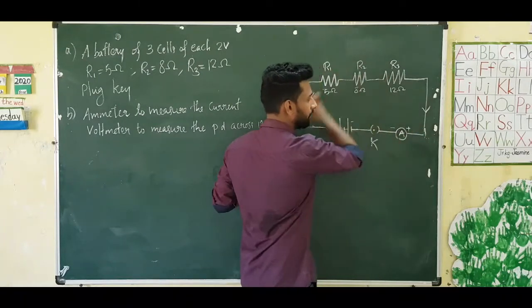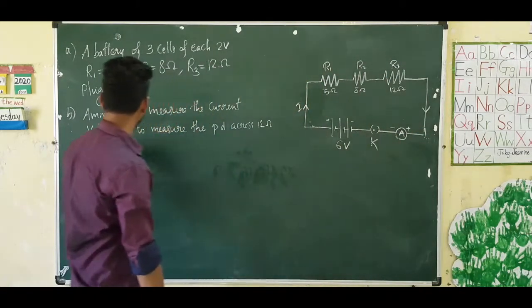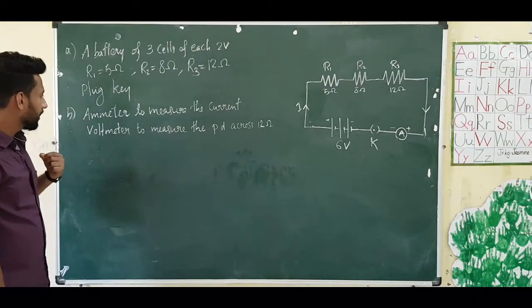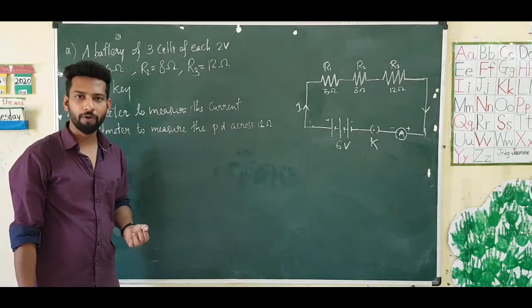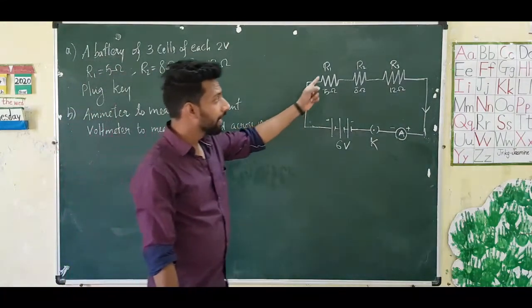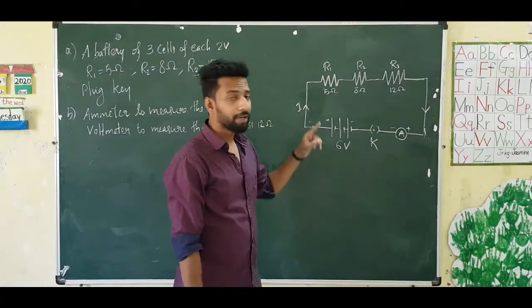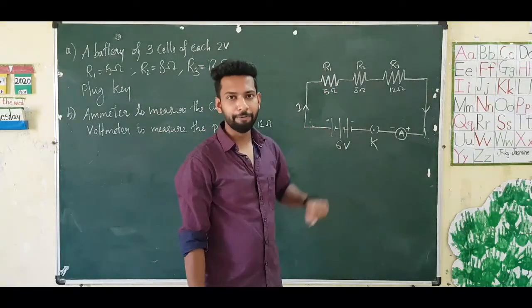Then one more question is that you have to connect a voltmeter to measure the potential difference across 12 ohm. There are three resistors, and the potential difference across each resistor will be different.